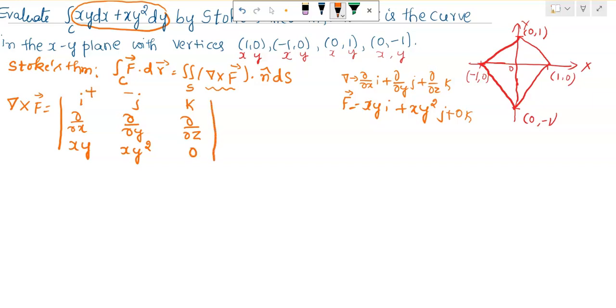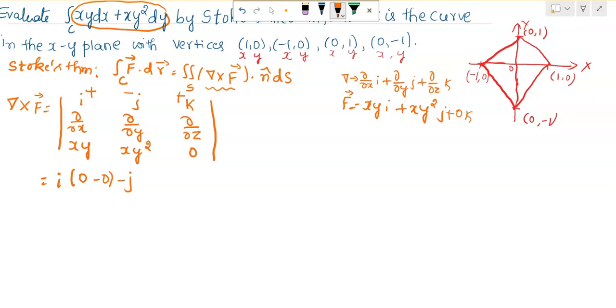Expand this determinant. So that's equal to i. You have to delete the first row and the first column. We are getting the 2 cross 2 determinant. So you have to expand this 2 cross 2 determinant. Differentiate 0 with respect to y partially. The value is 0. The differentiation of x y square with respect to z is 0.